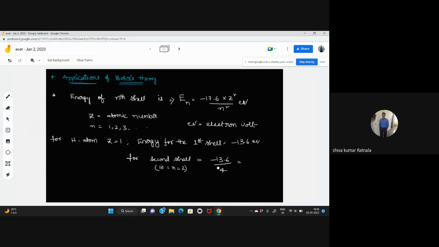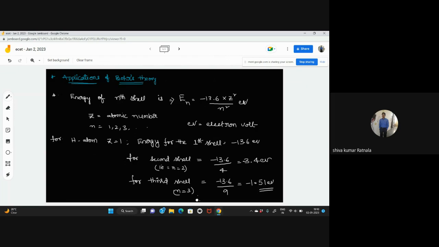That means the value will be minus 3.4 electron volts. And for the third shell, n equal to 3, so the value will be minus 13.6 upon 9, which is minus 1.51 electron volts. Okay.